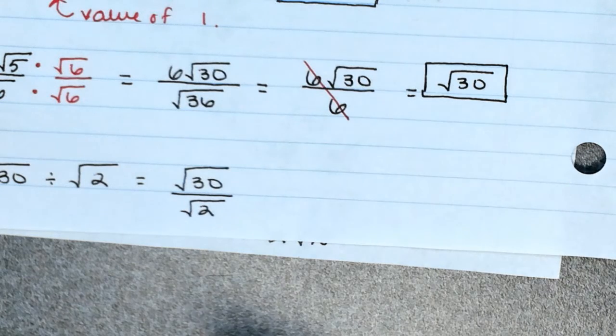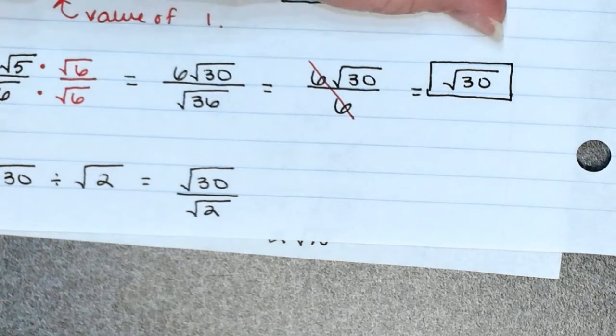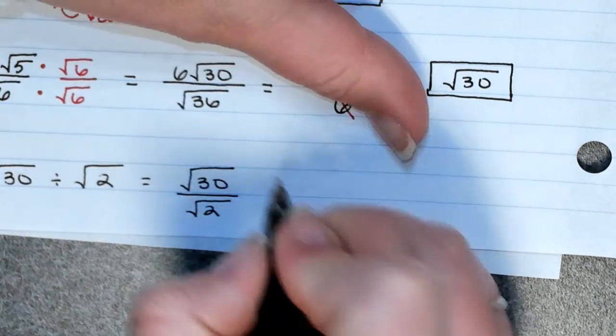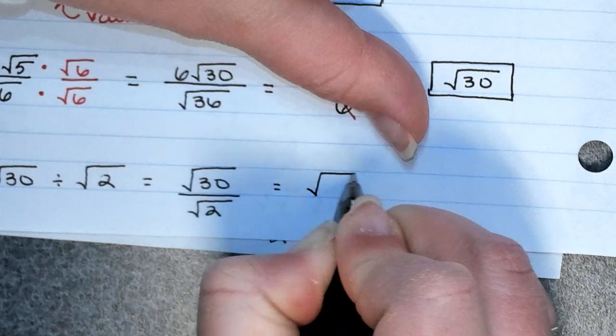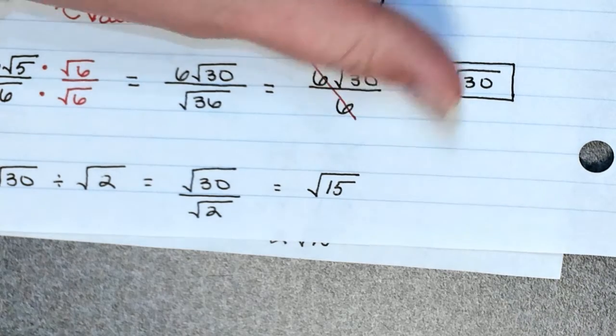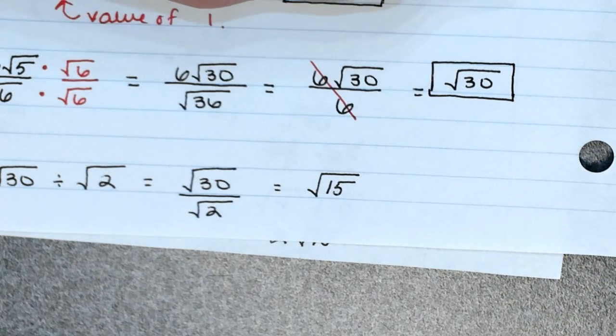Yes. Since they're both under radicals, you can divide these ones. What is 30 divided by 2? Square root of 15. Are there any perfect squares that go into 15?